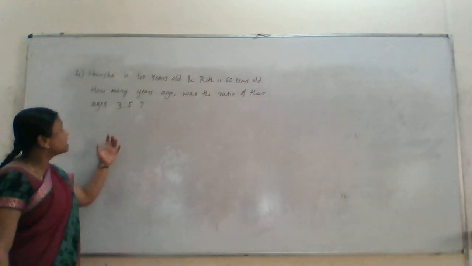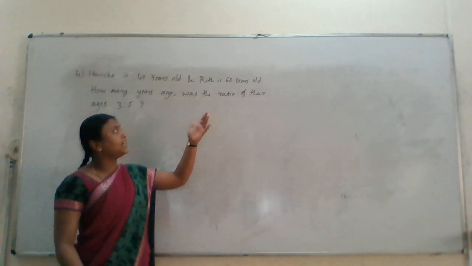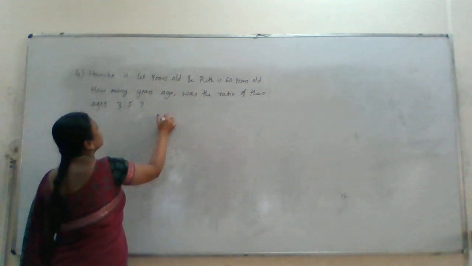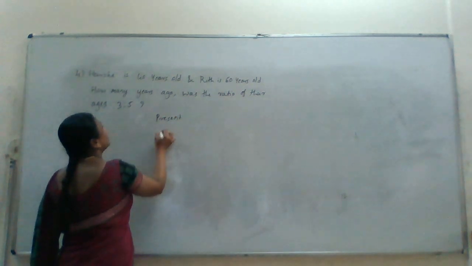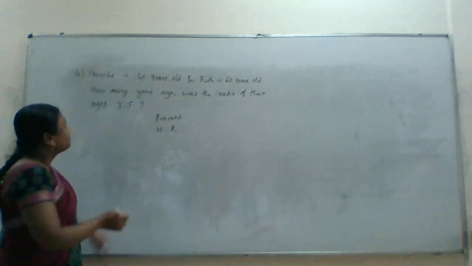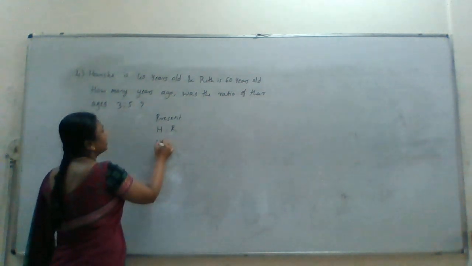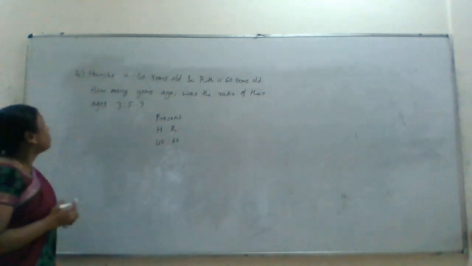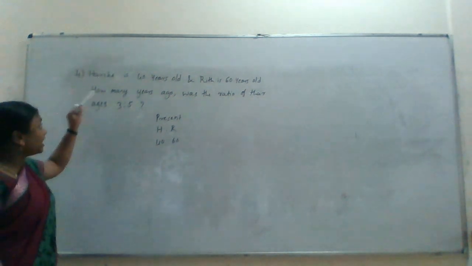Try to understand the question first. Harsha is 40 years old and Rith is 60 years old. They are given, that is the present ages of Harsha and Rith, H is to R, that is 40:60. Now after this, how many years ago?